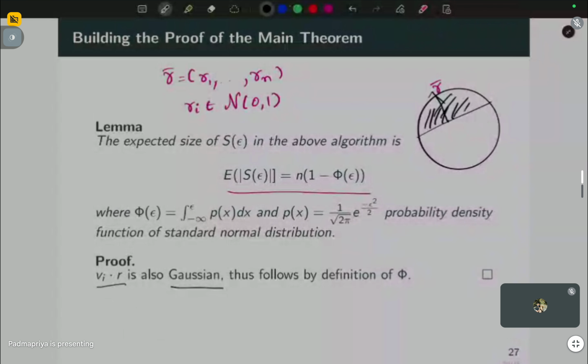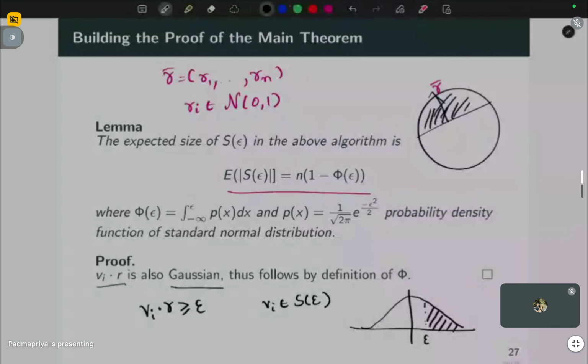Because this is Gaussianly distributed, I am asking when will this be greater than or equal to epsilon? That is when this Vi is picked into S epsilon. So by definition of phi, this is my Gaussian, and if there is some epsilon over here, this is the part where it's greater than or equal to epsilon.